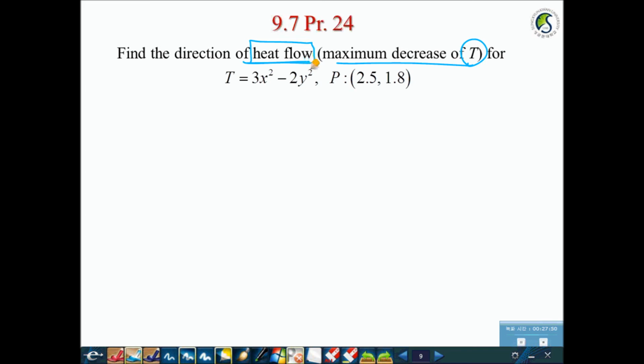That's what we believe. And the temperature distribution is given by this function, and we want to know the direction of heat flow at point P.